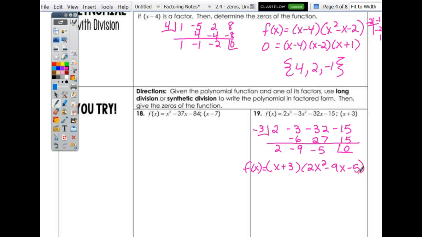So once you do the synthetic division, this is what you should get. How many got this far? Yes? So then you have to check it and see if it factors.